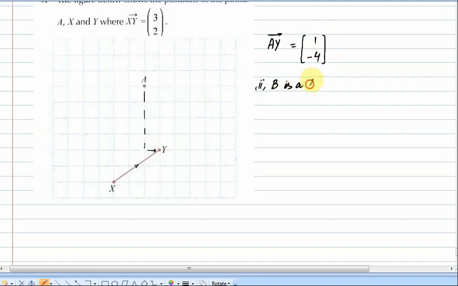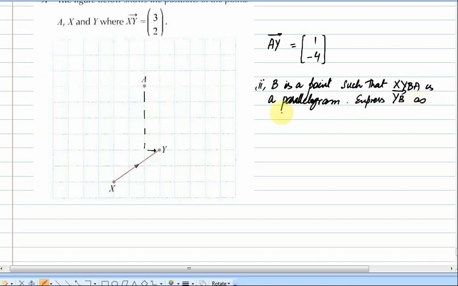Further it says B is a point, part 2. B is a point such that XYBA is a parallelogram. Express YB as a column vector.